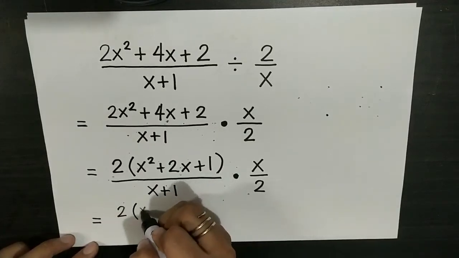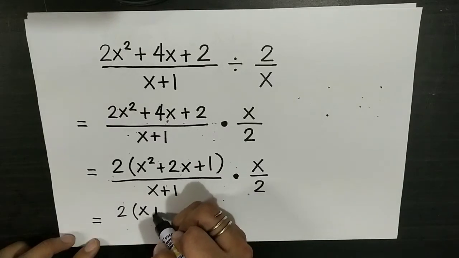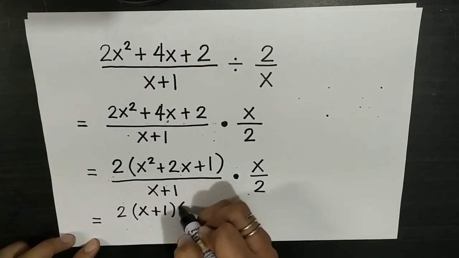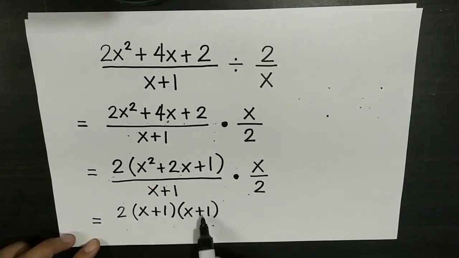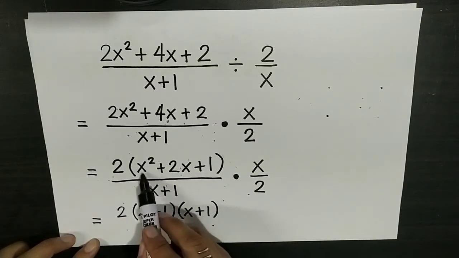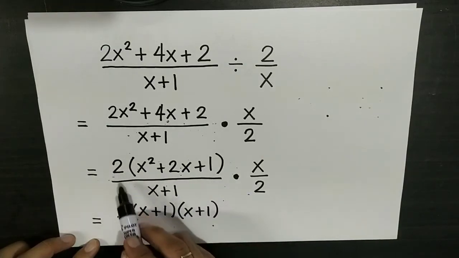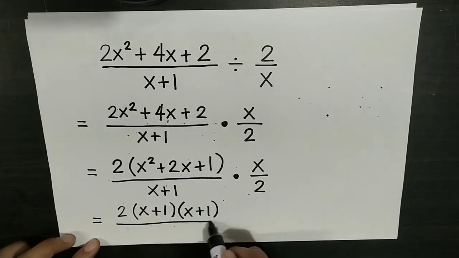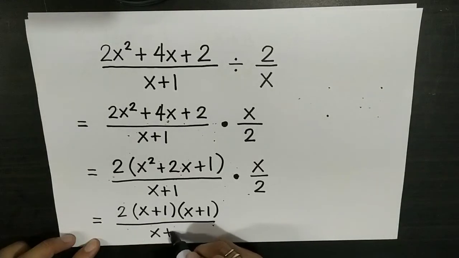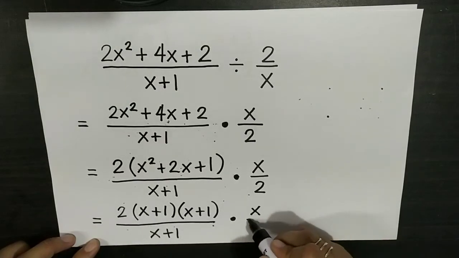So we have two binomial factors, x plus 1 and x plus 1. So x plus 1 and x plus 1 are the factors of this trinomial. Then the 2, we just copy it here. Then proceed to copying other expressions to complete our sentence.